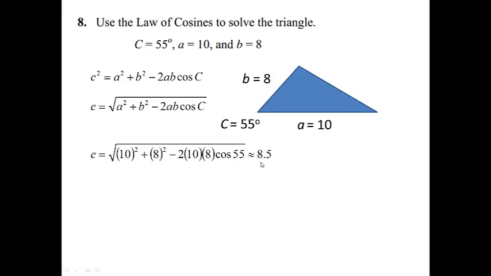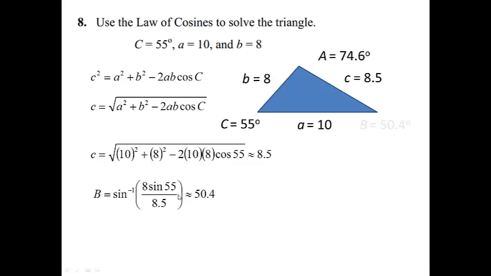Taking the square root, I get 8.5. Okay, and then using the law of sines, I can get angle B, and then using the sum of the angles in a triangle, I get 74.6 at the top for angle A.